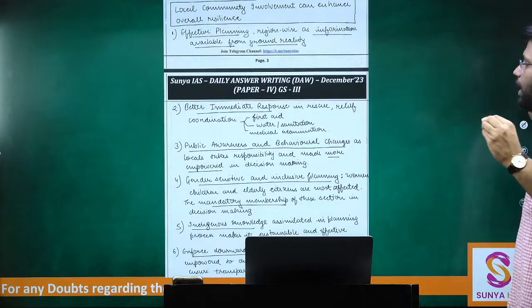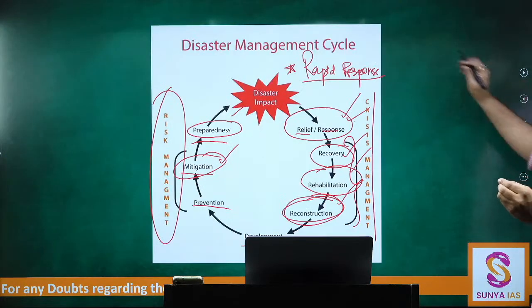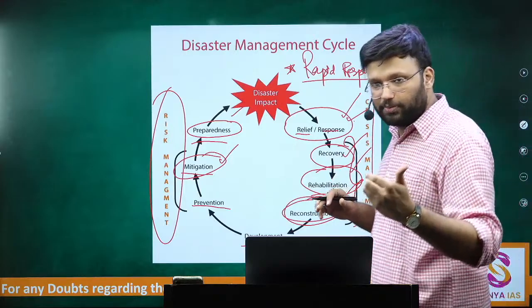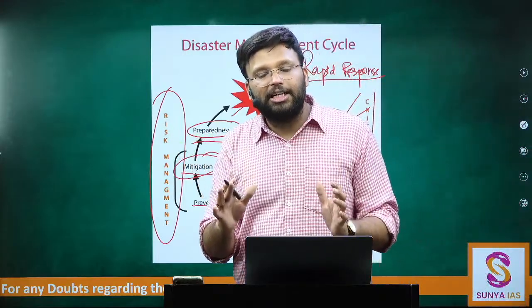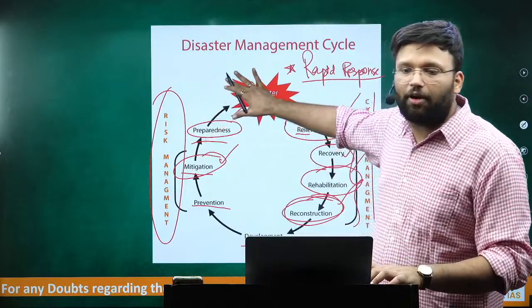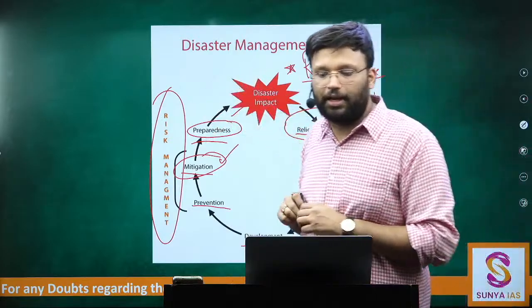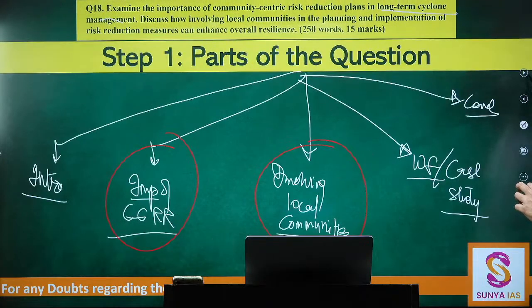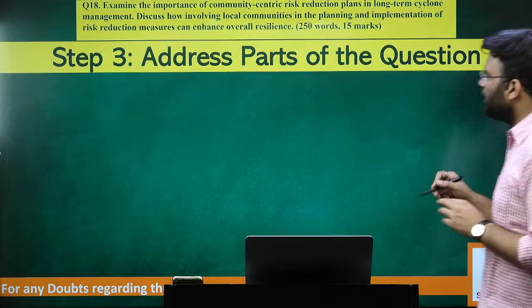One thing that you could have integrated was that you could have made this diagram in the context of cyclone management, right? Whatever disaster management question comes, this is the foundation of that. What are the other things which can be used?